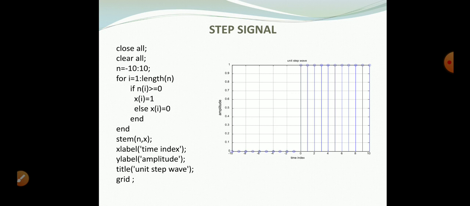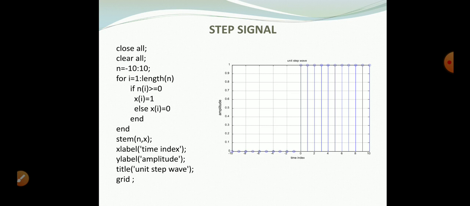A unit step signal has an amplitude of 1 for the positive axis, from 0 up to the limit of the positive x-axis, which is 10.